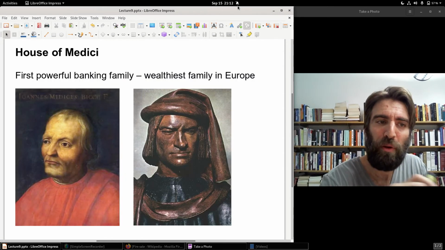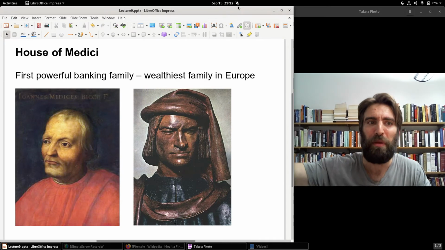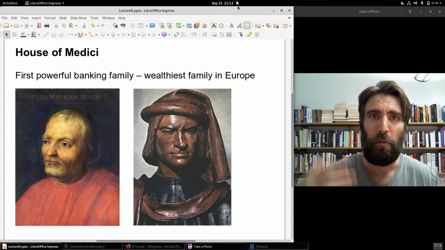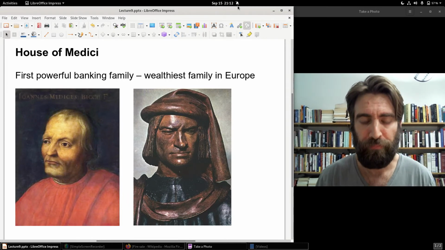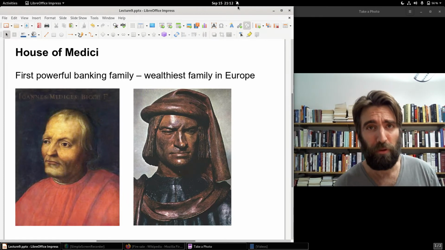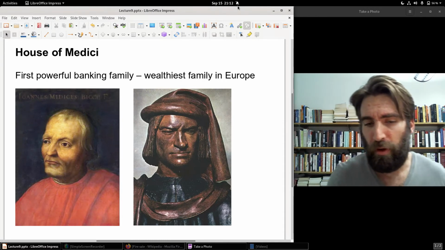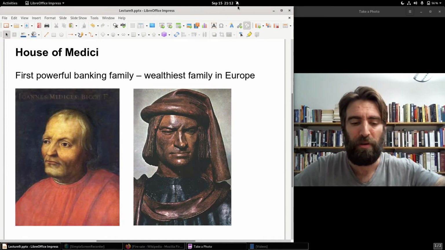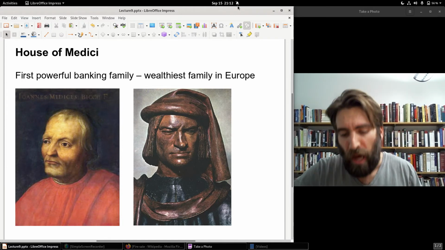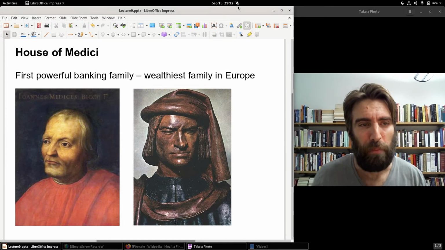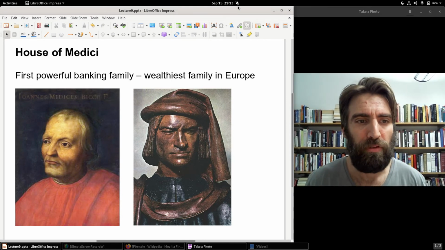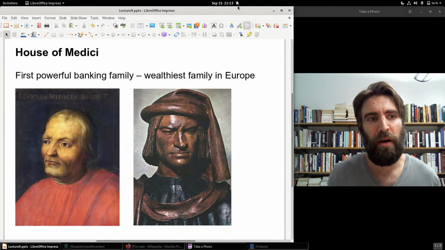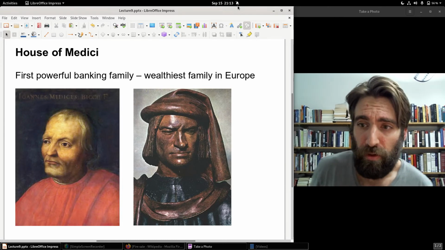But there was one Florentine bank that was the most powerful of all, and actually the very first powerful banking family in world history. It was also the wealthiest family in Europe, and that was the Medici family. Sometimes you'll hear it pronounced Medici. I will be saying Medici, but both are correct. Both mean the same family. The Medici family dominated Florentine banking from the 14th through the 16th centuries.